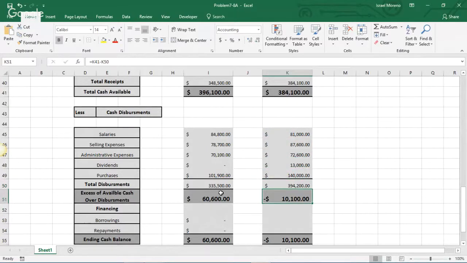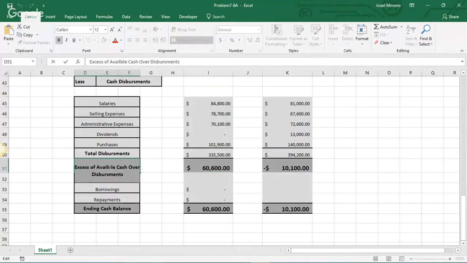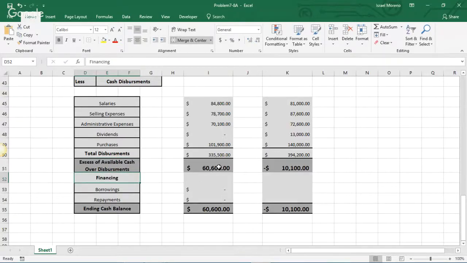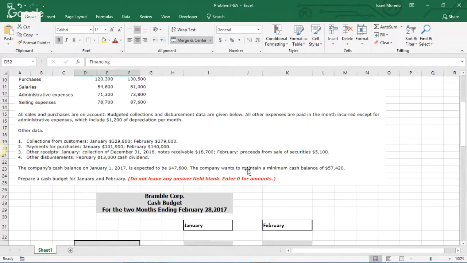Okay, now here, if you pay attention to January, the ending cash balance, right now we have an excess of available cash, which is 60,600, and the company wants to maintain a minimum cash balance of 57,420.